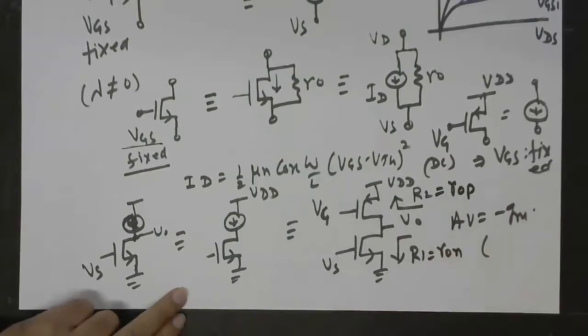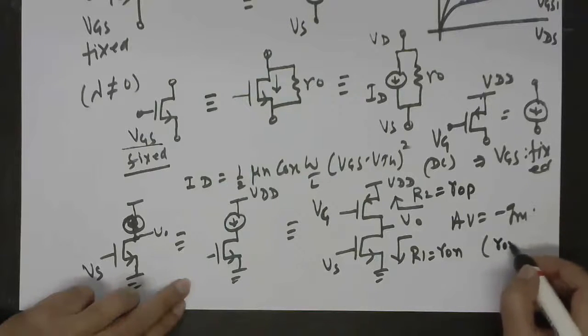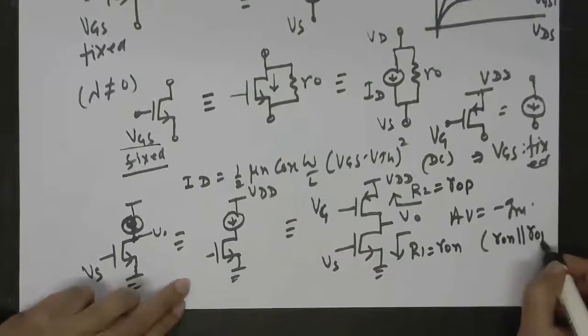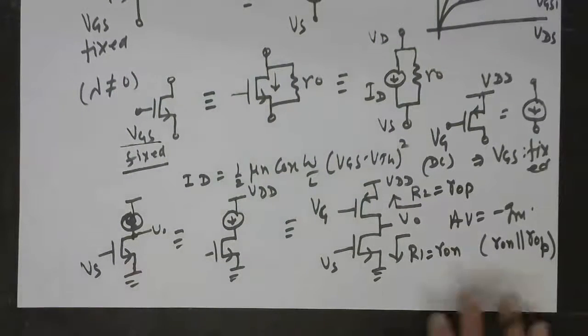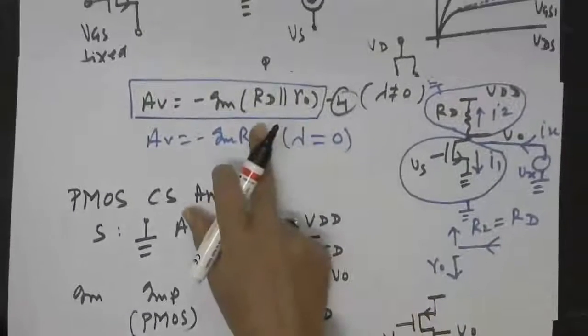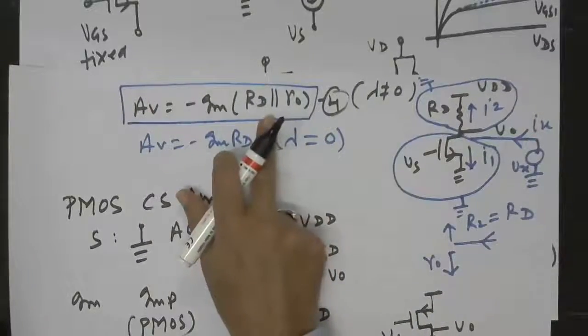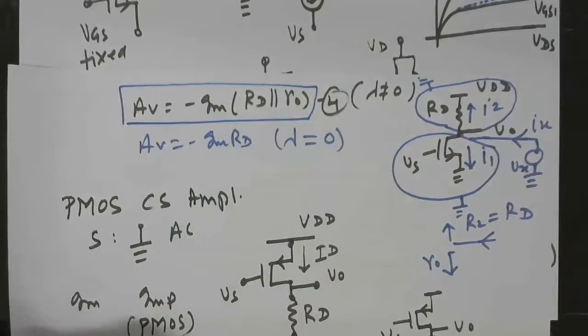This is PMOS. So minus GM into R0N parallel with R0P. Right. So this formula we will keep in mind. This is very useful. This is a generalized version of many of the simple cases of the common source amplifier.